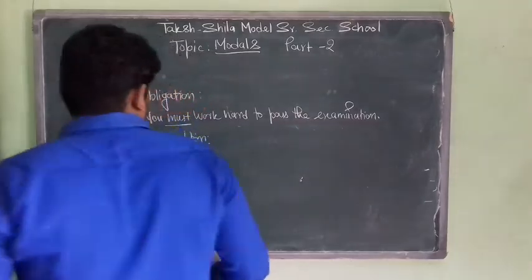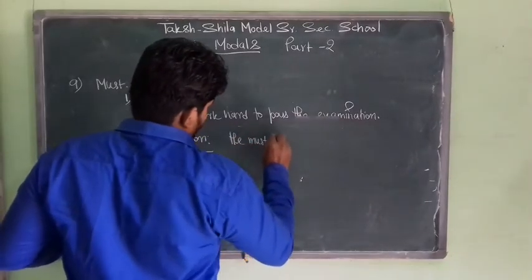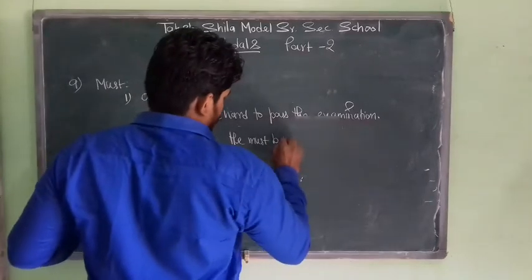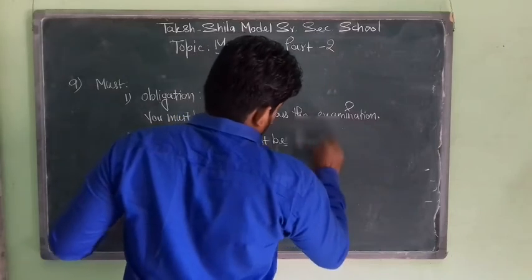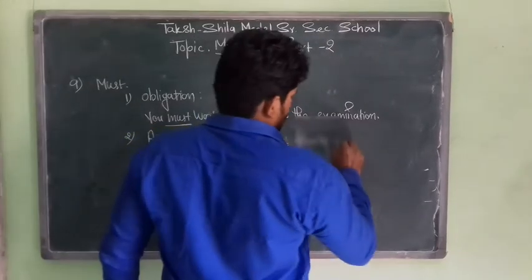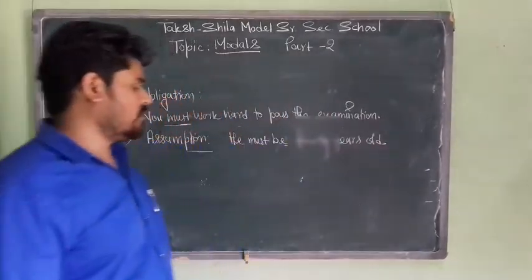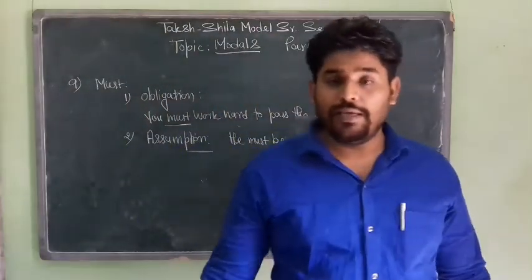For example, he must be 40 years old. Means we are not sure about his actual age, right?